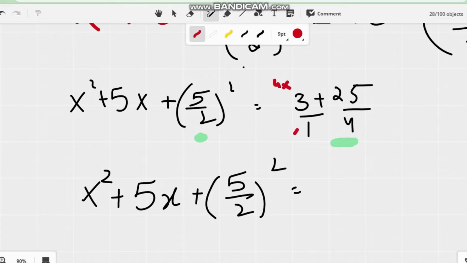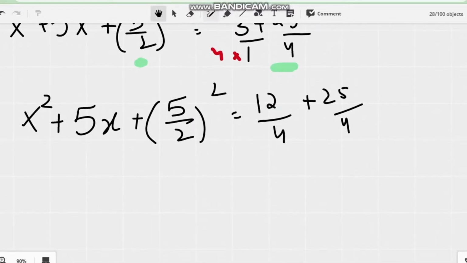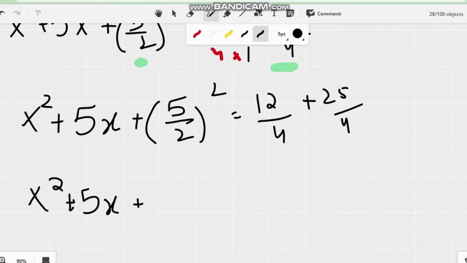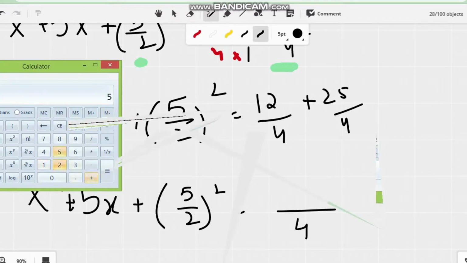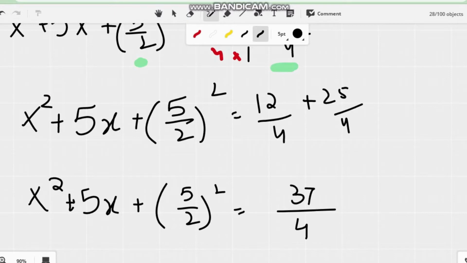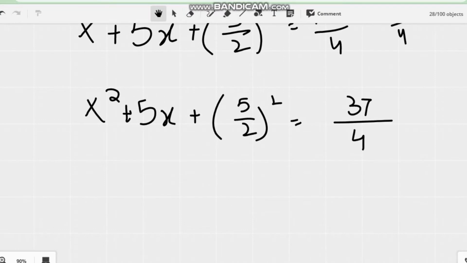So that would be 12 over 4 plus 25 over 4. And you can see now denominators are the same, but we have to write the left side also. (5 divided by 2) squared equals, denominators are same, so 4, 12 plus 25, that is 37 over 4.